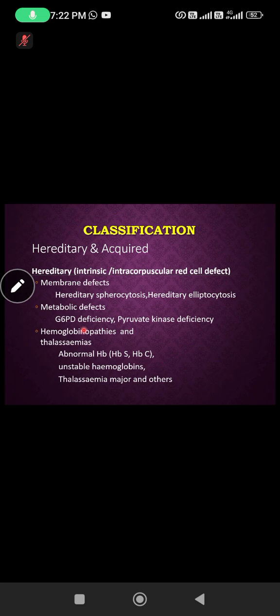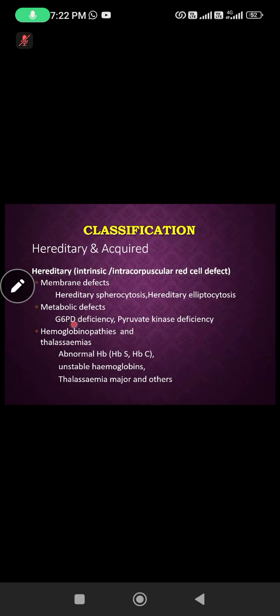So, it depends on the severity of the deficiency, and it can result in lack of generation of reducing energy, and lack of ability to fight free radicals produced inside the red blood cells. During the metabolism of red blood cells, many free radicals can be formed, and they can cause oxidative damage to the red blood cell physically.